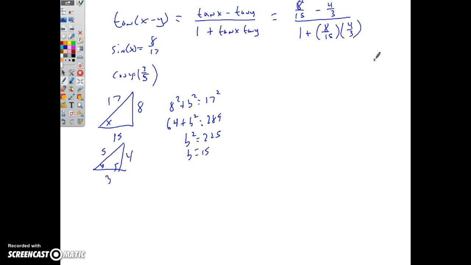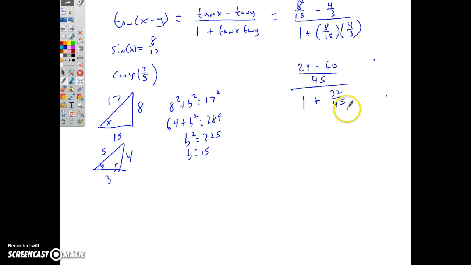So multiply bottoms across the top, so I get 24 minus 60 over 45 on the top. Divided by 1 plus, this multiplication straight across, so that'd be 32 over 45. I just multiply straight across. So 8 times 4 is 32, and 15 times 3 is 45.